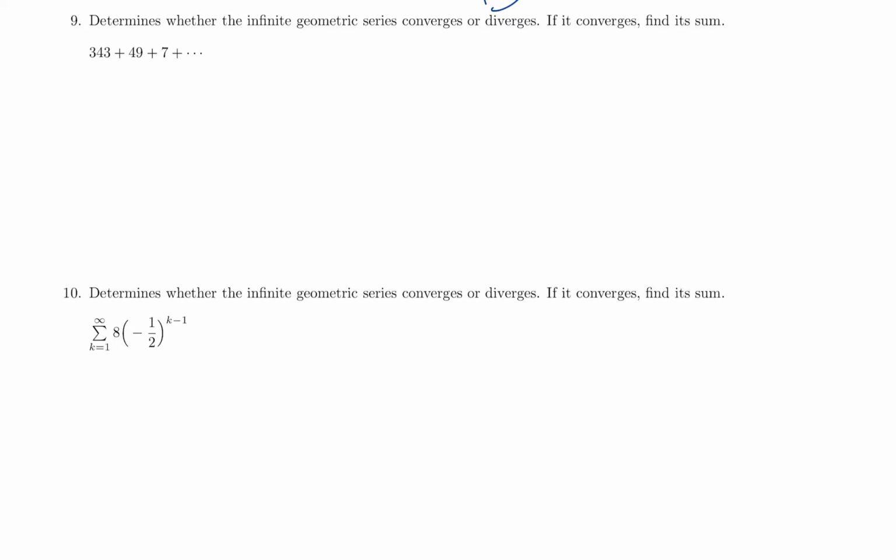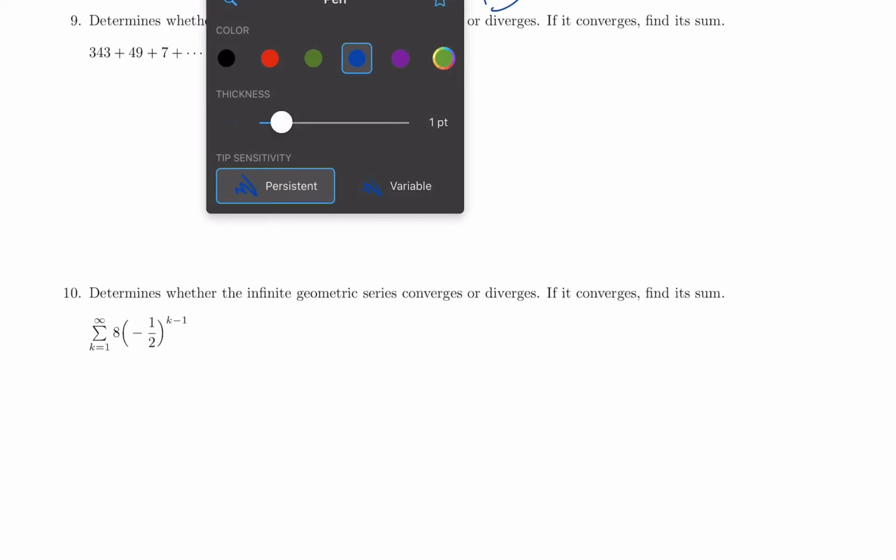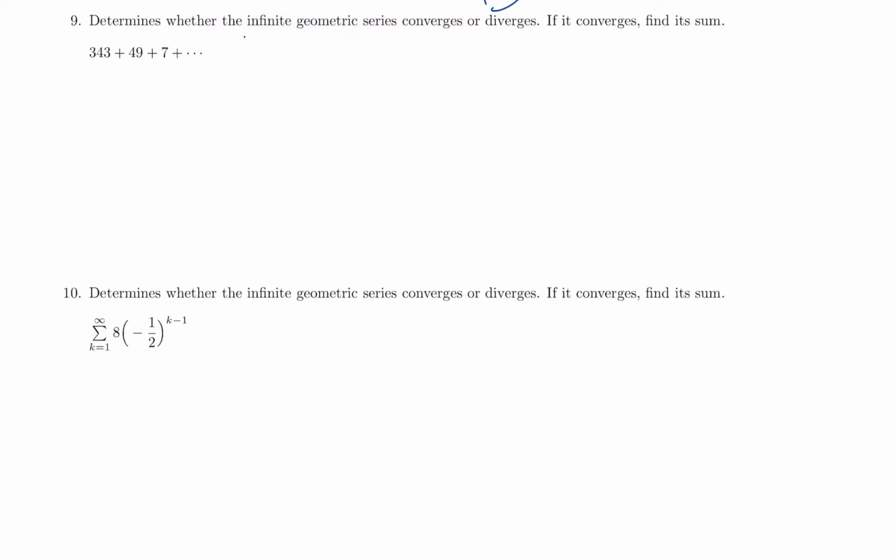Okay, let's look at number 9. Determine whether the infinite geometric series converges or diverges. If it converges, find the sum. First, let's find the common ratio, which is 249 over 343, giving us 1 over 7. And 7 over 49 also gives us 1 over 7.